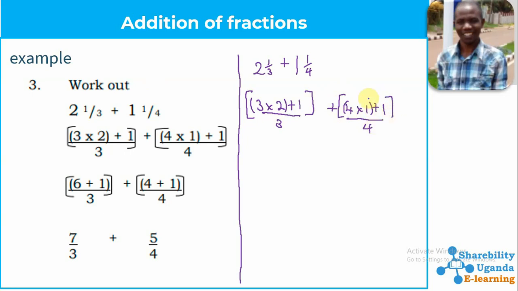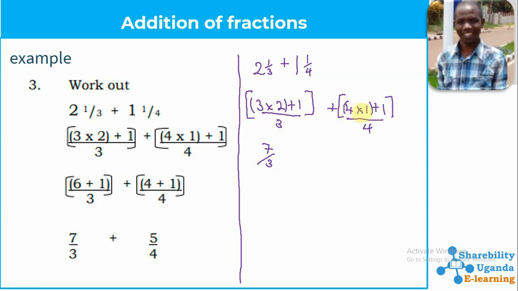You can create brackets of that category. Then you simplify what you have indicated. So what is 3 times 2? We get 6 plus 1, which gives us 7. Then our 7 is going to be out of 3.